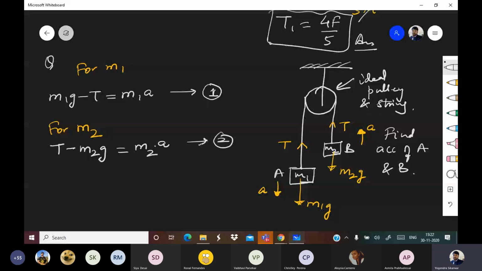So in this question, we have two equations and two unknowns. So we can solve them easily.